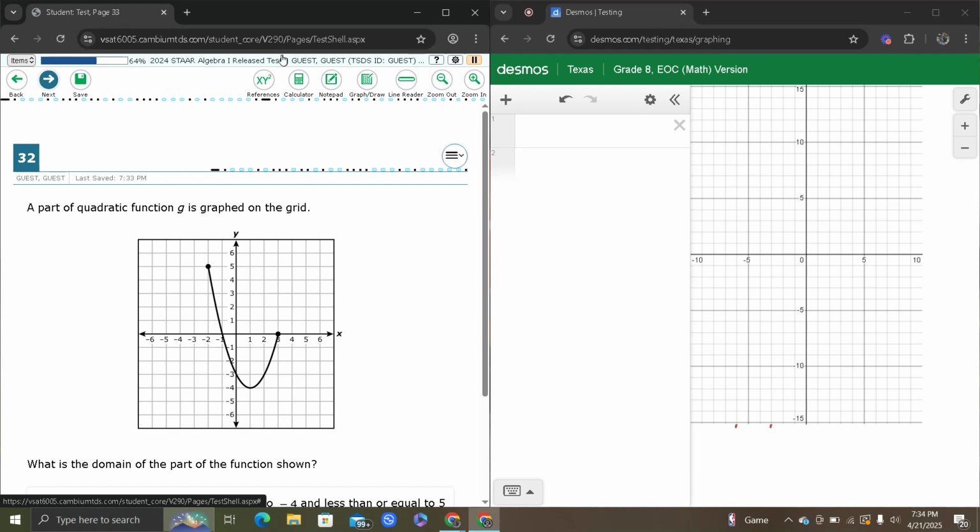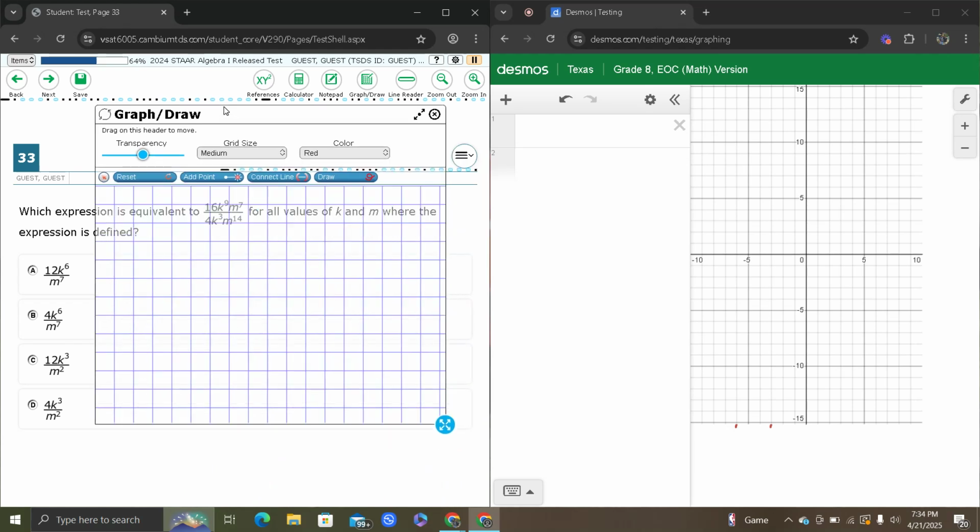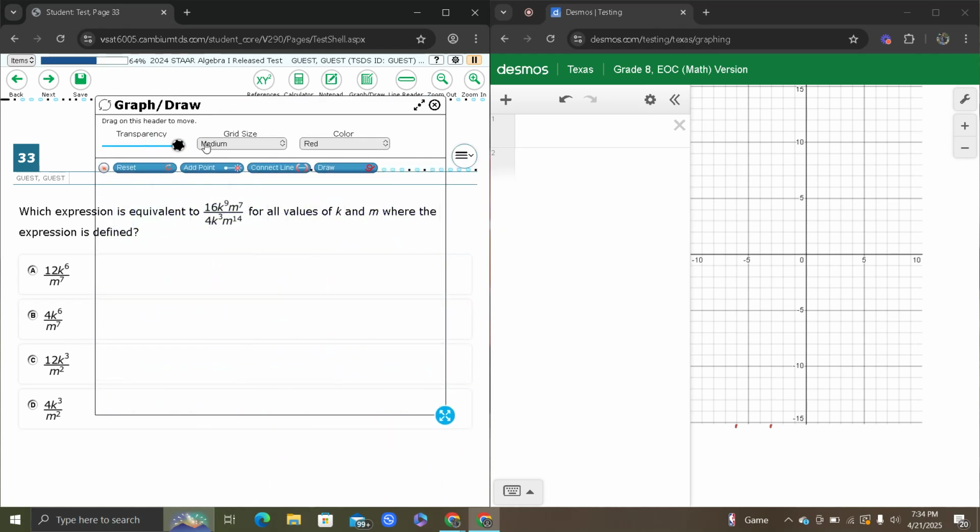All right. Next question. Which expression is equivalent for all values of k and m where the expression is defined? So guys, I'm going to teach y'all two ways to do this. Okay, so you need to know exponent rules. If you're dividing exponents, like it's 16 over 4, you're dividing the real numbers, but you're actually subtracting the exponents.